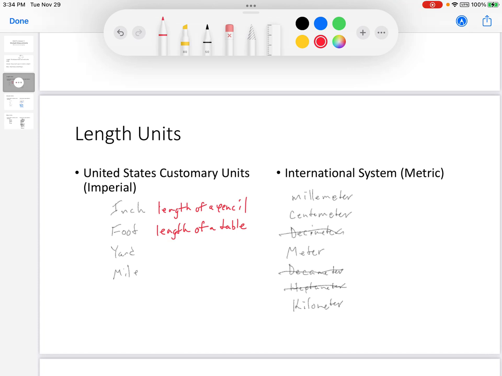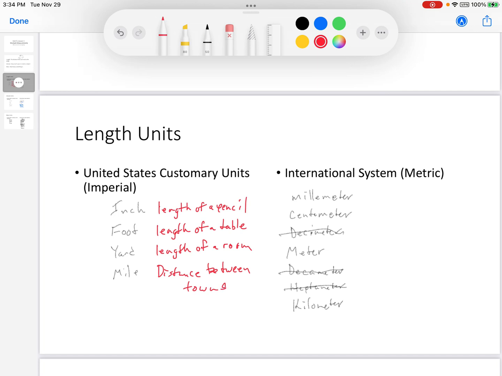Yards are, as you probably know, 3 feet. And something you might measure in yards is the length of a room. And miles you might measure it as the distance between towns might be measured.